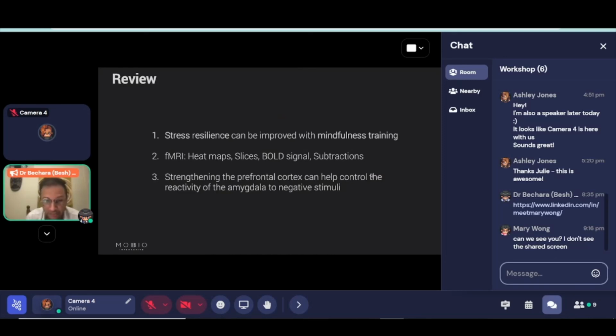My fantasy is that people will walk away and remember one or more of these elements about fMRI. And thirdly, strengthening the prefrontal cortex can help control the reactivity of the amygdala to negative stimuli. That's a neural basis for why mindfulness can help us build stress resilience and emotional control.